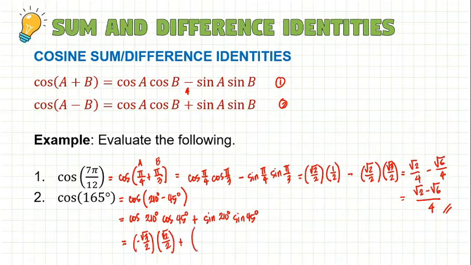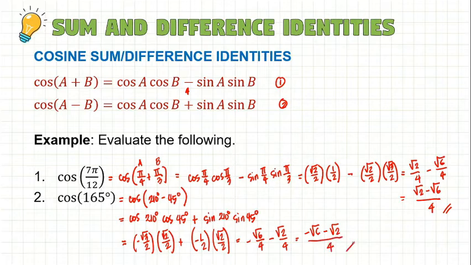Plus sine of 210 degrees is negative 1 half, and sine of 45 degrees is just square root of 2 over 2. So we will now have negative square root of 6 over 4, then minus square root of 2 over 4. Or this is just simply negative square root of 6 minus square root of 2 all over 4. So this is our answer for number 2.